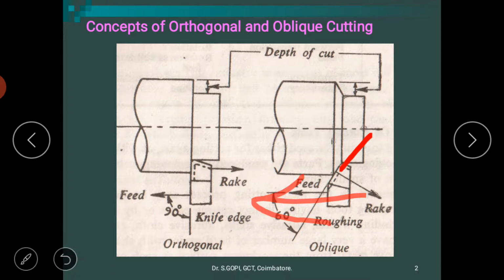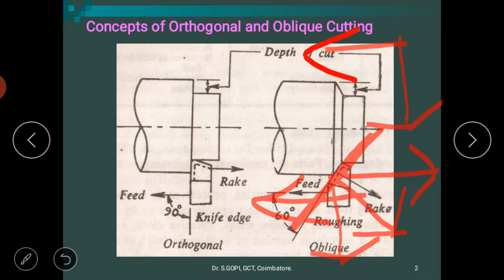Here the cutting edge has an angle of inclination with the work material. So the resultant force generated is resolved into the axial and radial force, along with the cutting force. One is the axial force that is induced, and another is the radial force. There are three components in the case of oblique cutting.